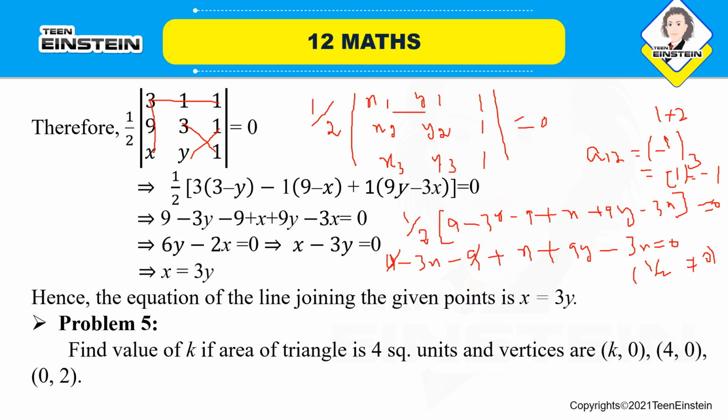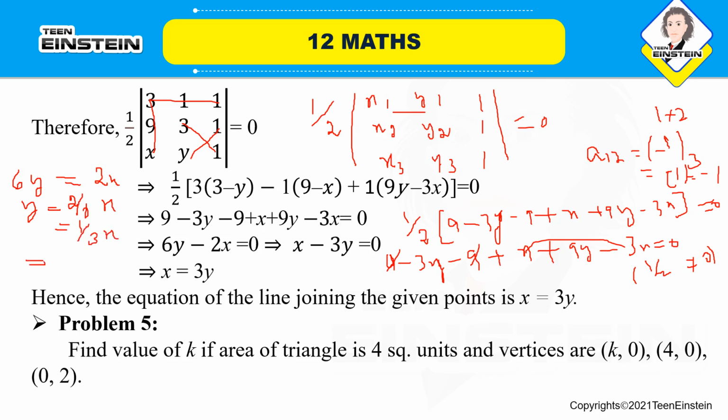Actually this is not x, this is y, right? So 9y minus 3y is 6y. Then minus 3x plus x is minus 2x. So 6y minus 2x equal to 0, or 6y equal to 2x, or y equal to 2 by 6 into x, or 1 by 3 into x.